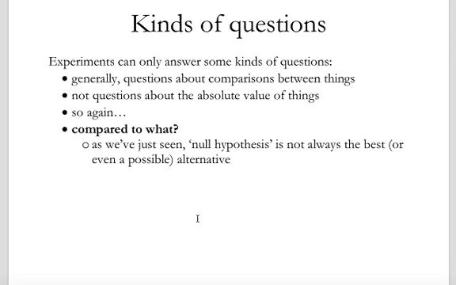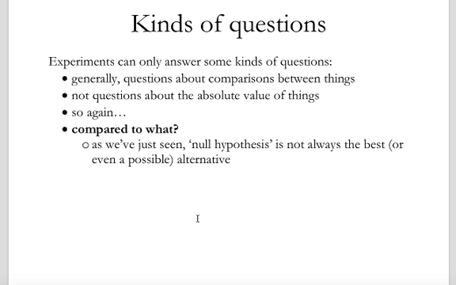So what are we getting at here? Well, experiments can only answer some kinds of questions, and those are generally going to be questions about comparisons between things, not really questions about the absolute value of things. Now, in some fields that are more physical sciences, there might be experiments where you're just trying to get very precise absolute measurements of some property.